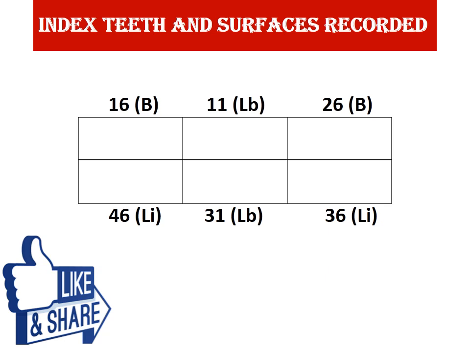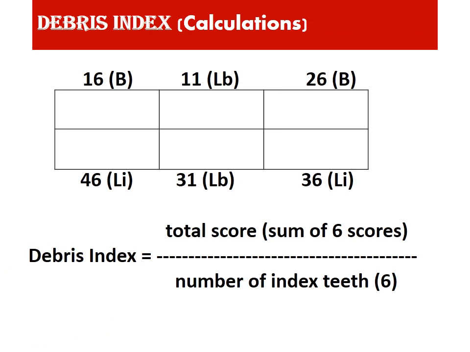Then the scores are given for each index tooth: 16, 11, 26, 36, 31 and 46, and the values are given separately for debris and calculus. Now, how is the calculation to be done to score the oral hygiene index simplified?